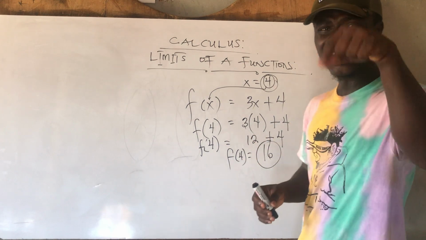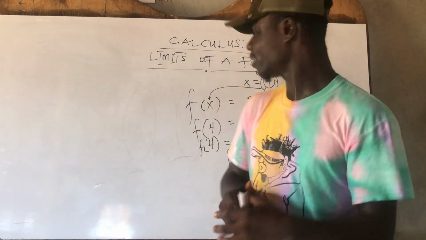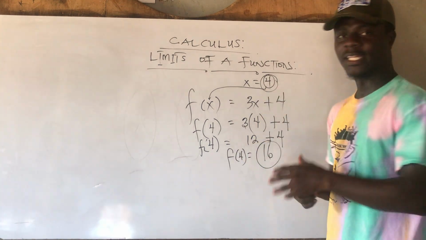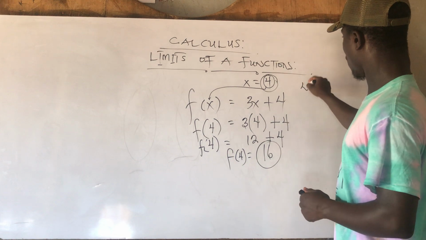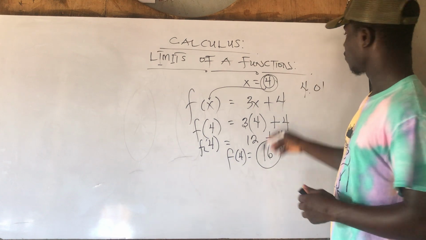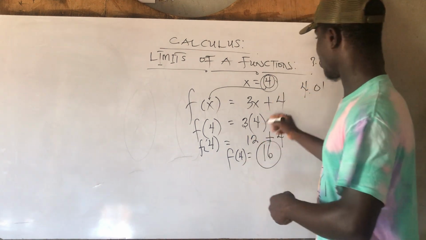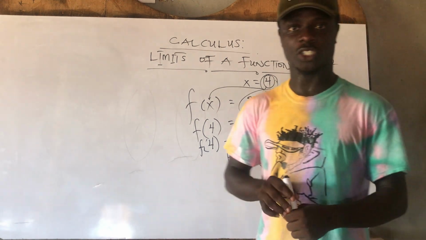If you plug in any value of x, this function behaves, it changes. You can plug in -1, you can plug in 4.01, you can plug in 3.092. You see the behavior of this function.